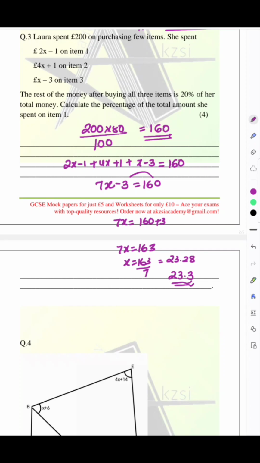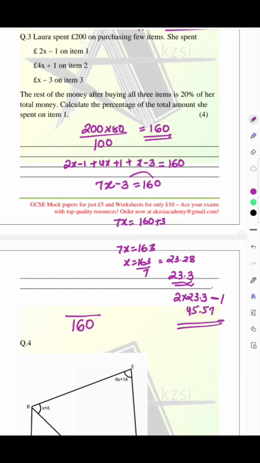So we have to calculate the percentage of the total amount she spent on item 1. So total spend, how much has she spent in total? She has spent a total of 160. And how much did she spend on item 1? 2x minus 1, which is 2 times 23.3 minus 1, which is 45.57.